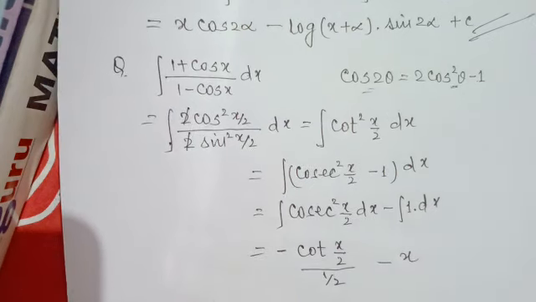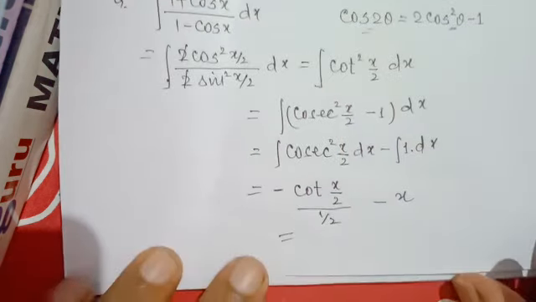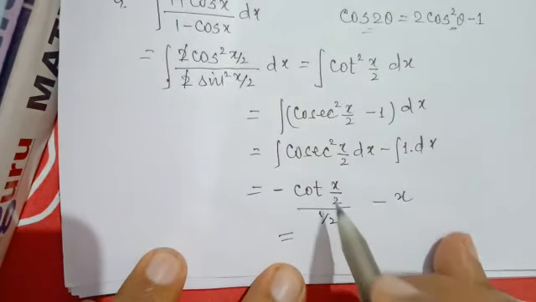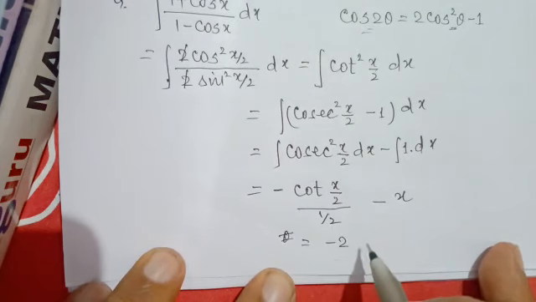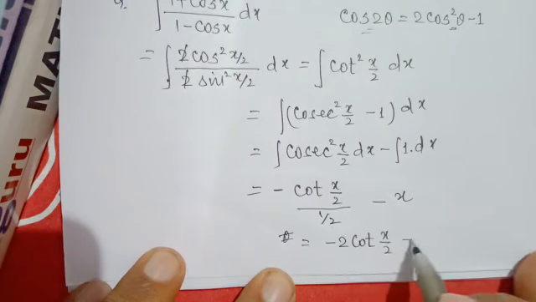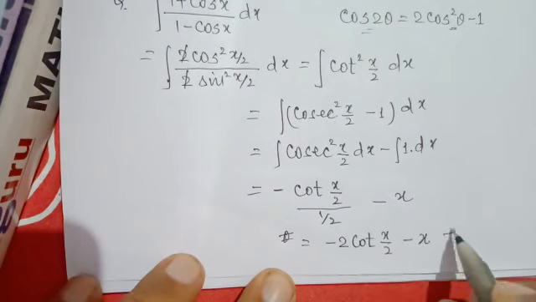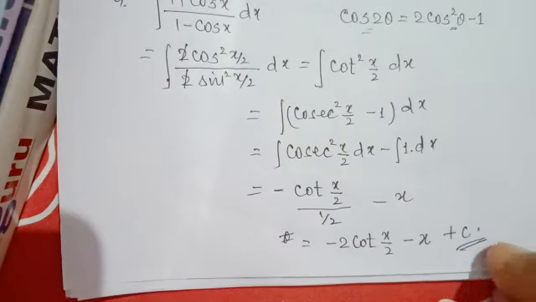So finally it becomes minus 2 cot(x by 2) minus x plus c. This is your result.